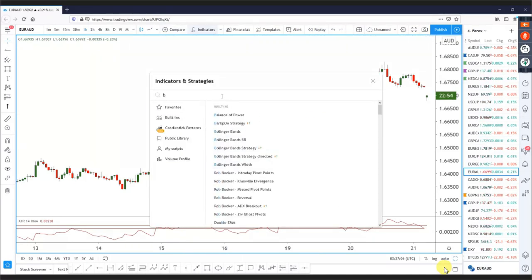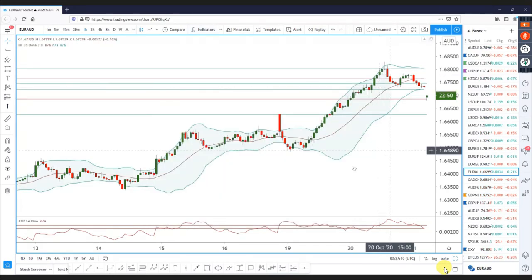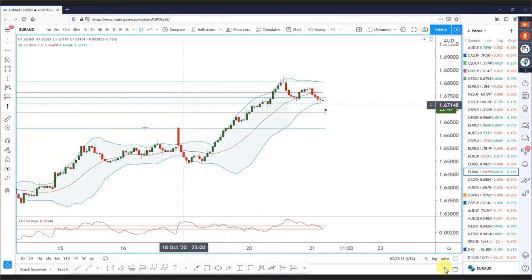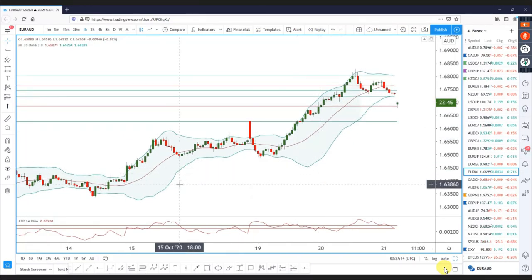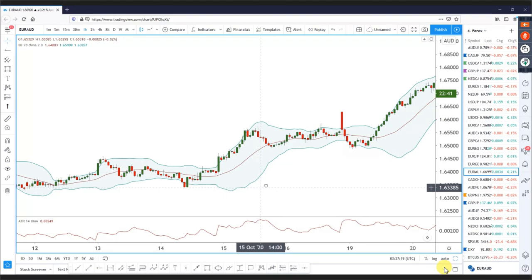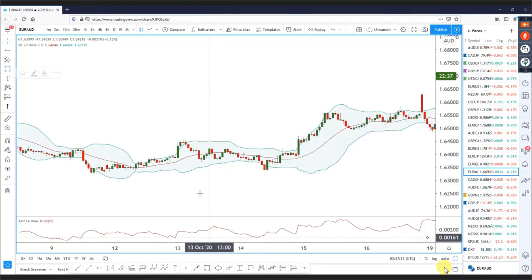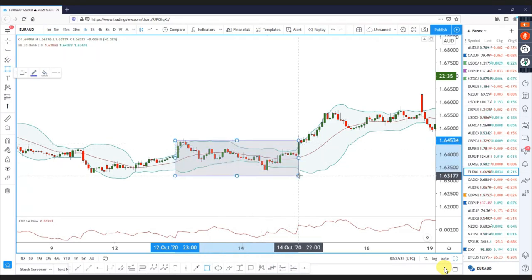Sometimes my chart does that. So let me just, okay, I have no idea why those lines are extended. Okay, that's better. Okay, so we see here we have our little squeeze and then a break to the upside.